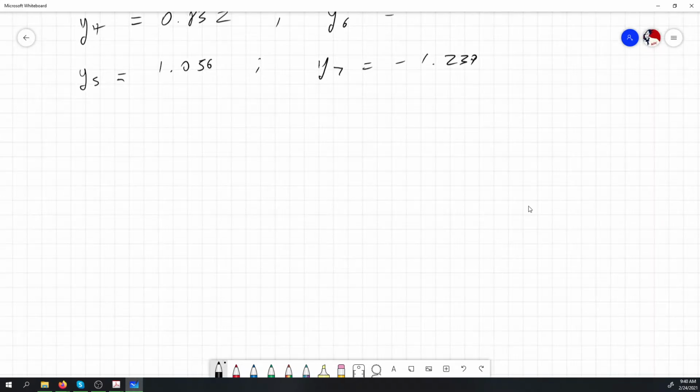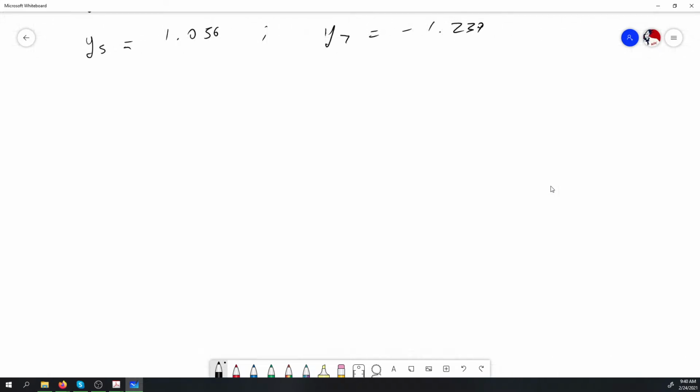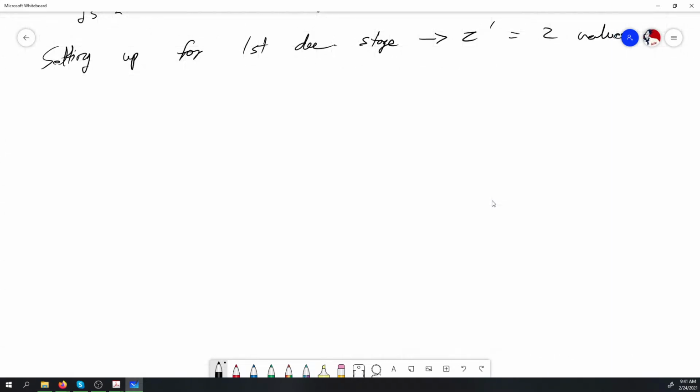So now that we have all those values for the second decimation stage, we just set up for the first decimation stage. So this is going to be 2 to the 1, which is 2 values. And this decimation stage is just going to be very easy.